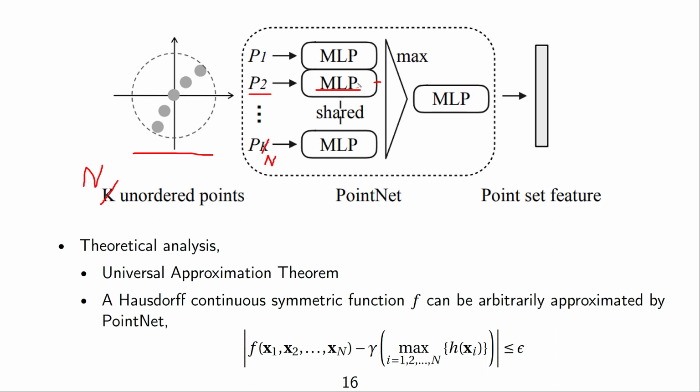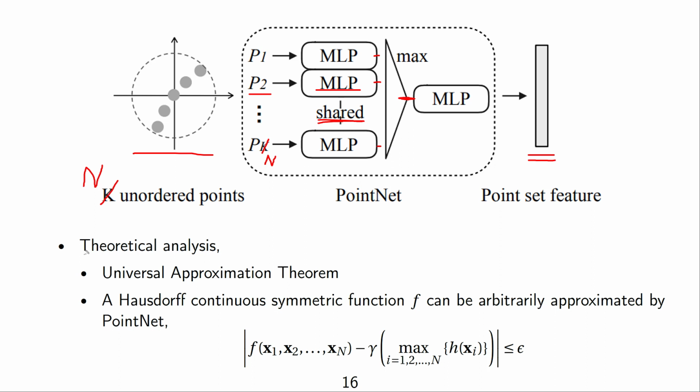And all of these MLPs share weights. That's why it says here the weights are shared. Then the maximum will create, out of all these output vectors, one single vector that will be further processed by this MLP to give a final output that is one vector for the complete point set.